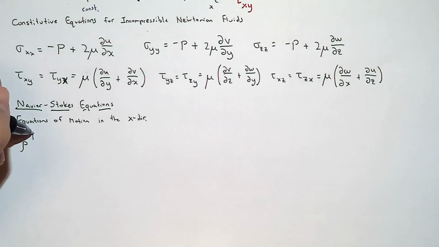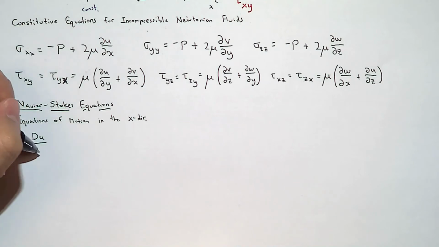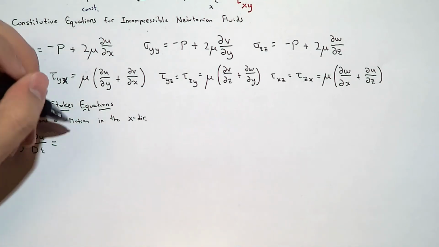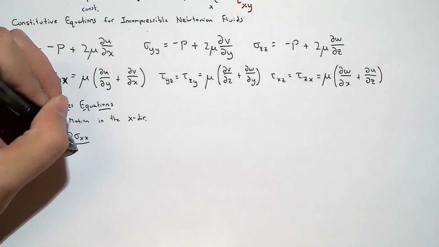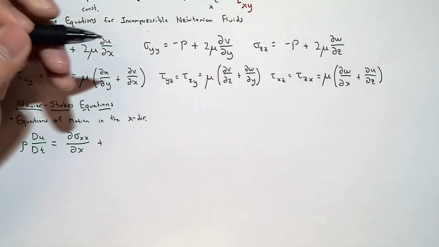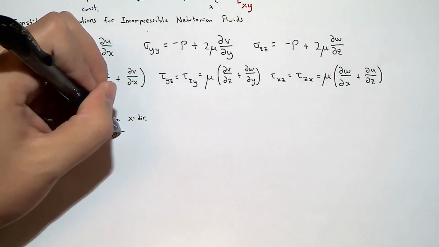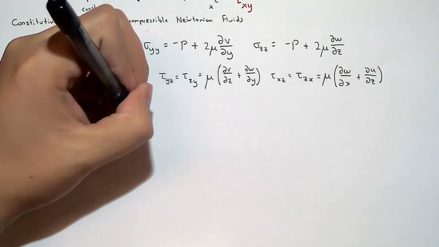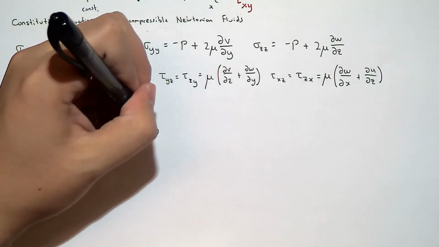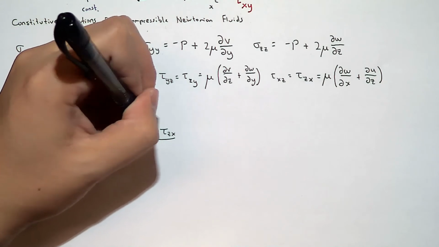In the x direction, we found through some interesting but long derivation that we can describe the motion of a fluid through the following equation. And my hope is to explain what these terms mean so that we can then see how we can apply the constitutive equations to the terms themselves.